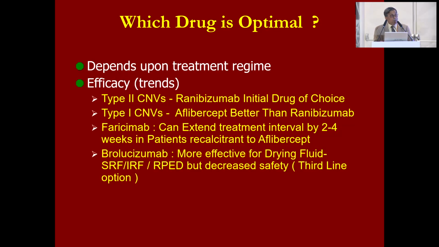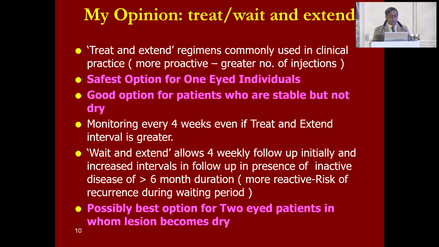Faricimab I use in patients who don't respond to aflibercept, and it can help you extend the treatment interval by 2 to 4 weeks in those patients who are recalcitrant to treatment. And for me, brolucizumab, though it's more effective in drying fluid, because of its significantly lesser safety, is my third line option. Now, the treat and extend regimes are more proactive.